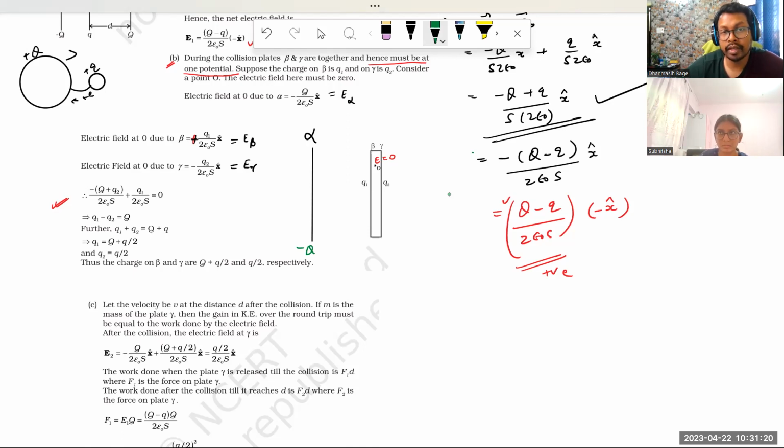Use the superposition principle. Imagine that there is only alpha and there is no beta and gamma. It is towards, because it is a negative charge, right? If I imagine a plus 1 coulomb of charge at O, this will be attracted towards this. But won't electric field lines be from positive to negative?